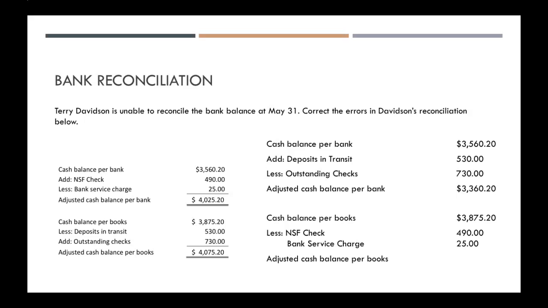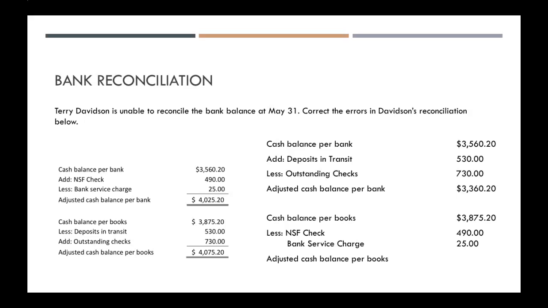And then the amount that we would include would be the face value plus the interest minus the fee. So that's how we would figure out the number that would go on our bank reconciliation. But here, we didn't have anything that was going to add to our per books side.